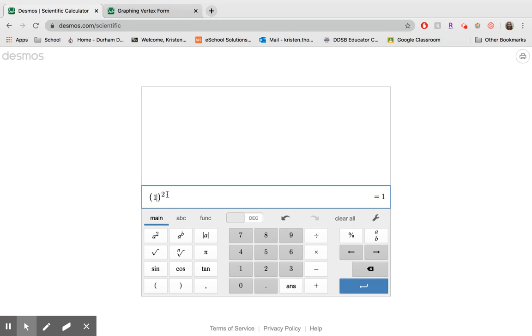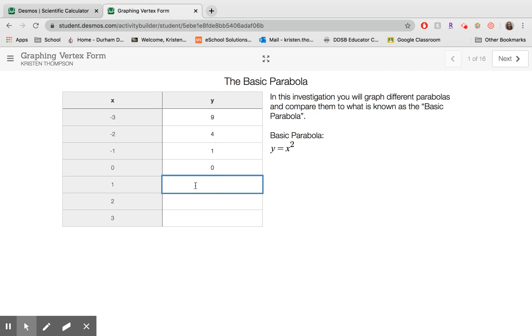Then +1, +2, and +3. So I've got 1, 4, and 9. So that is my table of values for the basic parabola.